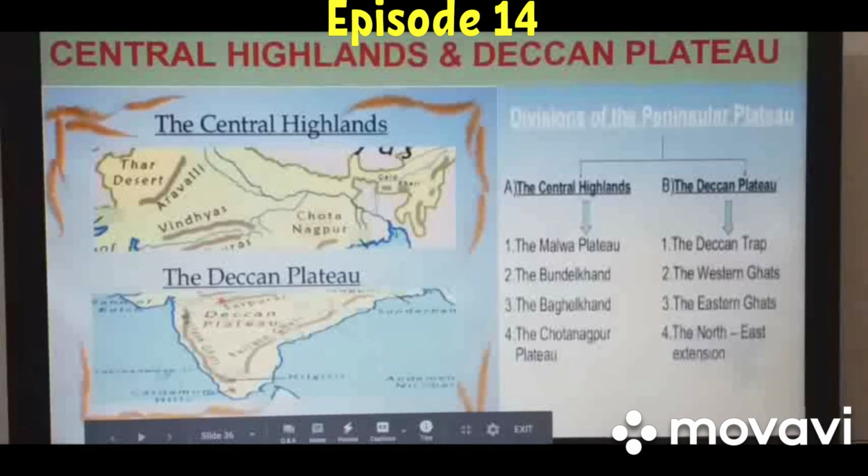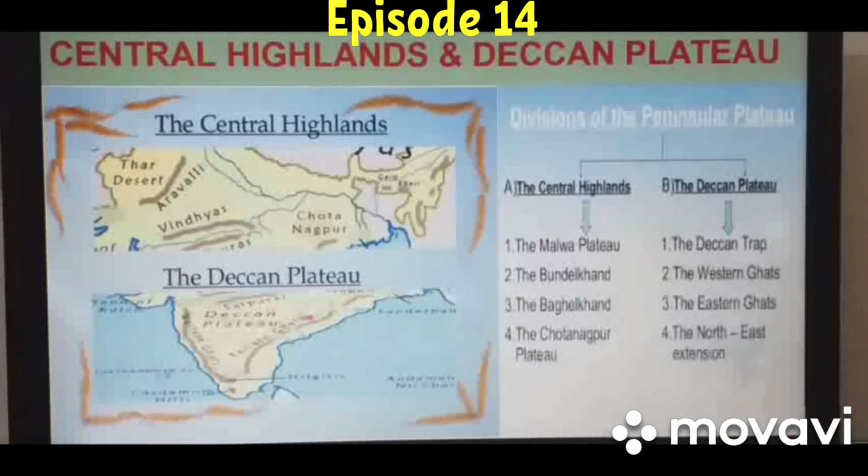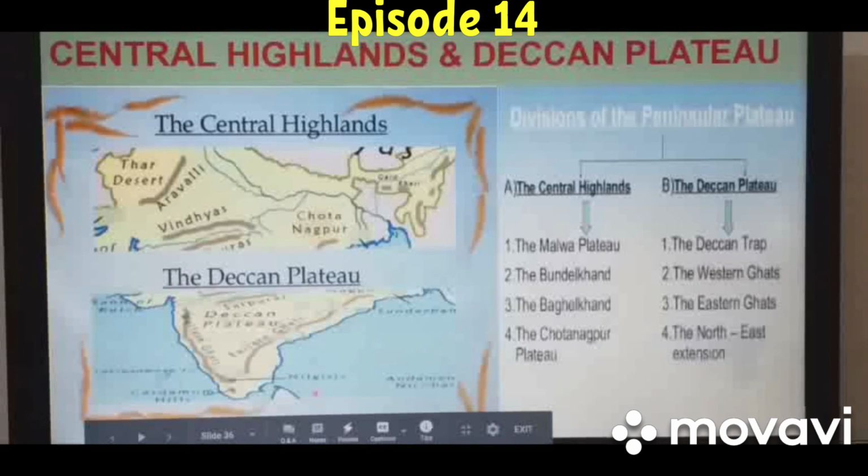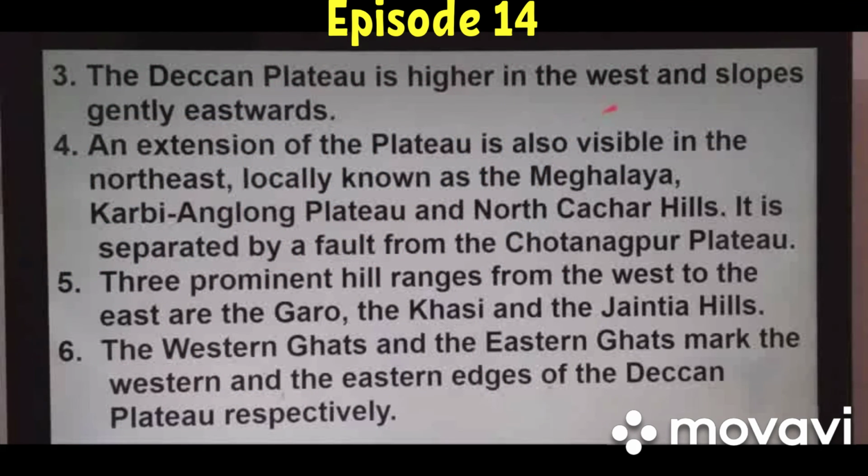And whatever rivers originate from here, all such rivers drain their water into the Bay of Bengal. The reason for this draining into the Bay of Bengal is that towards the west side there are higher elevated areas and towards the eastern side there are lower elevated areas. The Deccan plateau is higher in the west and slopes gently eastward, as I have explained on the map.